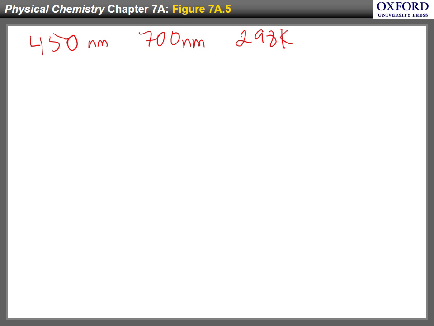So at a given temperature T, the ratio of spectral densities at the wavelengths lambda 1 to lambda 2 is as follows.